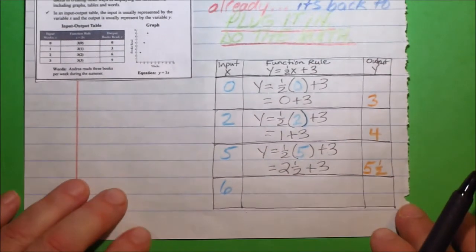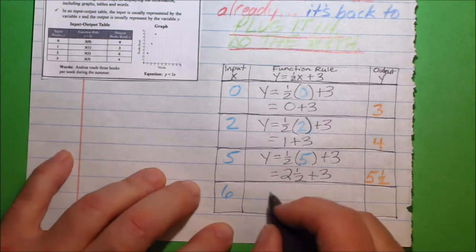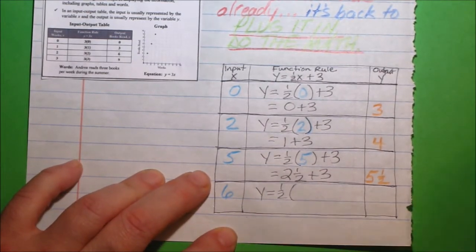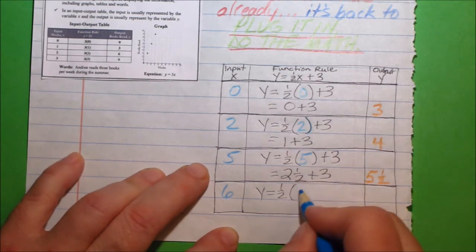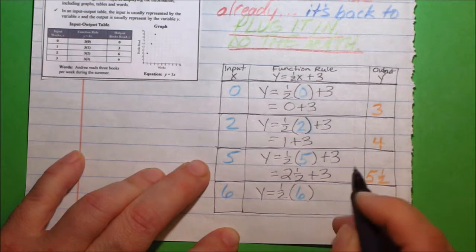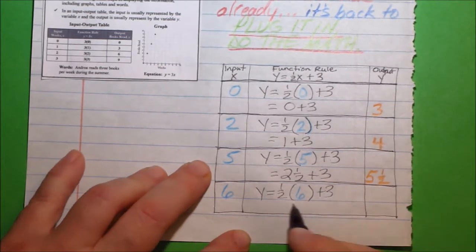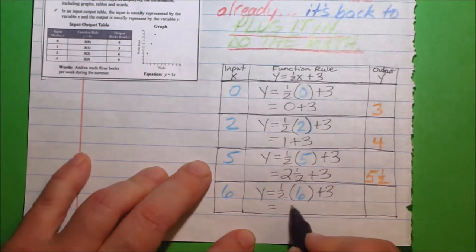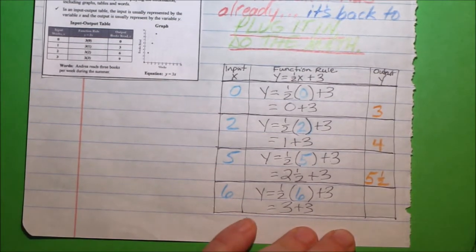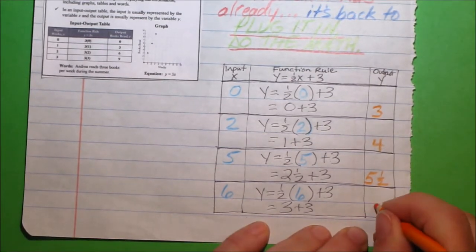All right, so here we go on the last one. We've got y equals 1/2 times 6. We're going to plug in 6 for x this time. And 1/2 of 6, of course, is 3 plus 3. And 3 plus 3 is 6.